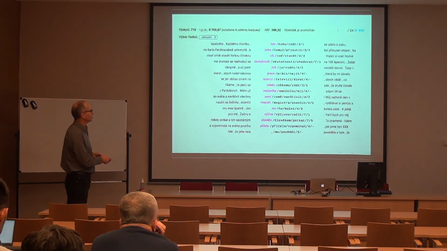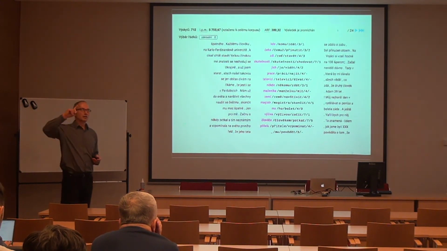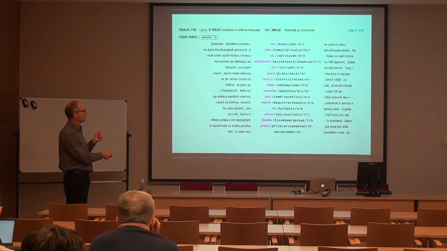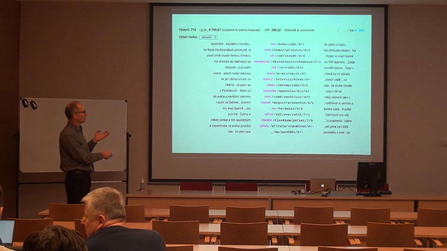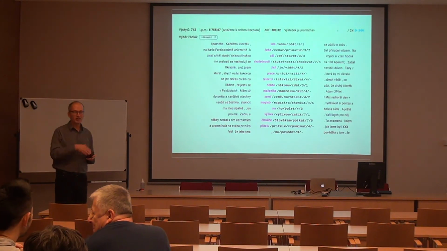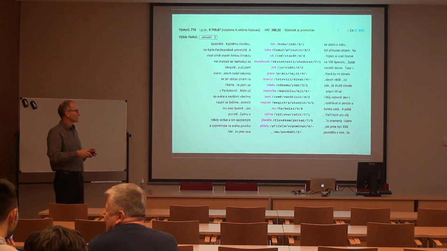So this is the original form. This is the corrected form. This is the head of, this is the governor of that object. So the lemma of the governor. So it's usually a verb, and then here are the cases. So 3 actually goes with the corrected version, and 3 is dative in Czech, and 1 is nominative.